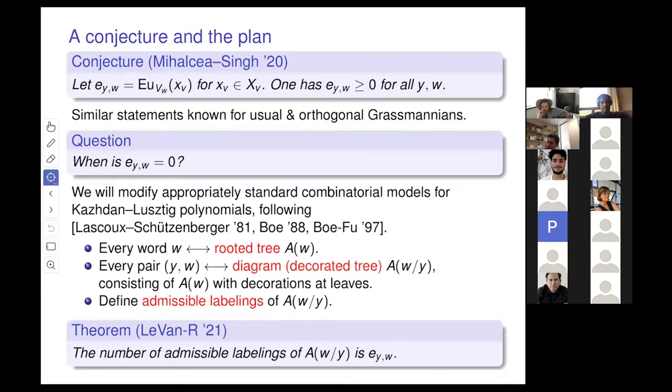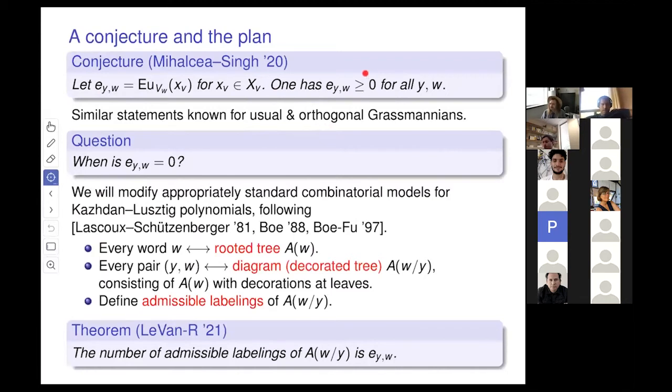And what they're really saying is that these coefficients are non-negative for every point. And so they make this conjecture for cominuscule spaces. For instance, they verified it in the case of the usual Grassmannian and the orthogonal Grassmannian. So maybe I'll make a comment about why these cases are a little easier later.